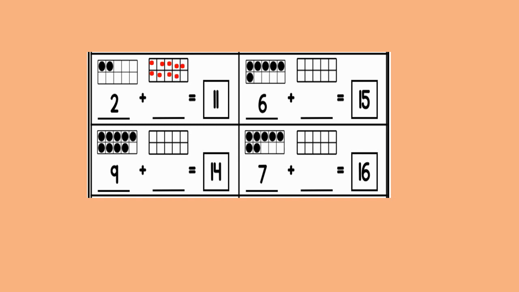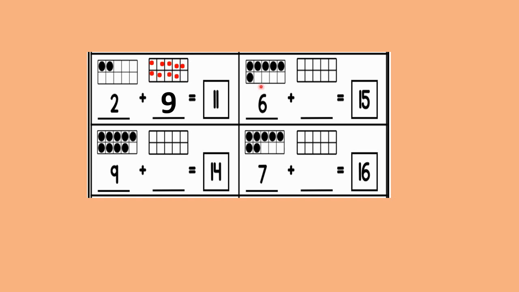Now we got the answer 11. Now we will count how many dot we drawn. 1, 2, 3, 4, 5, 6, 7, 8, 9. So we draw 9 dot. So 2 plus 9 is equal to 11.